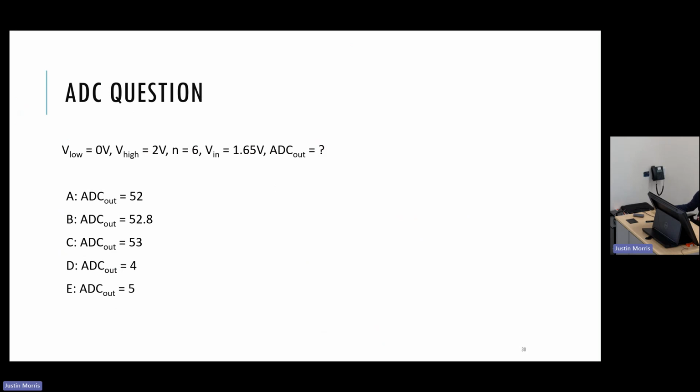All right, so this is your question for today. And we'll end with this question. So if this is our setup, V low is 0, V high is 2, number of bits is 6, and V in is 1.65 volts, what is the output voltage of the ADC? Your code for today is 077.